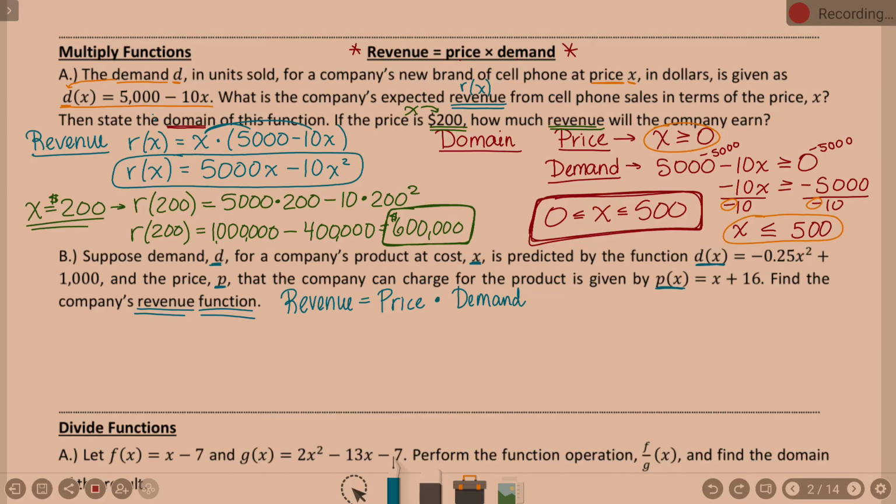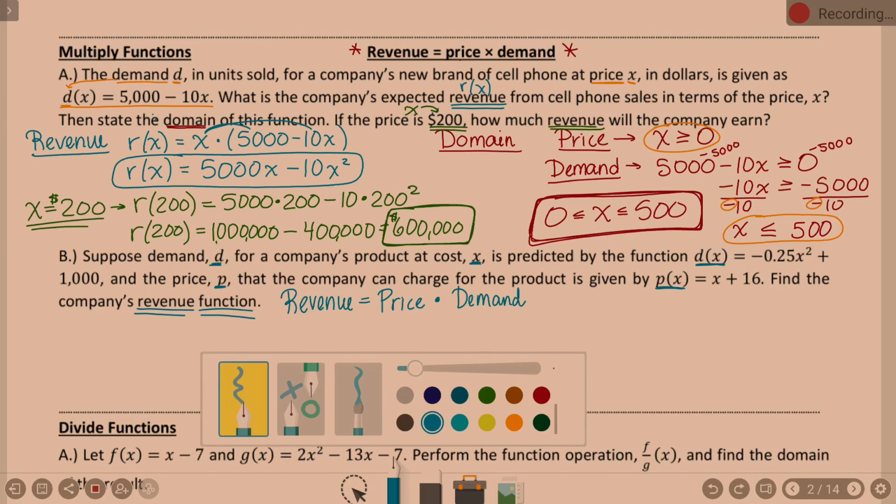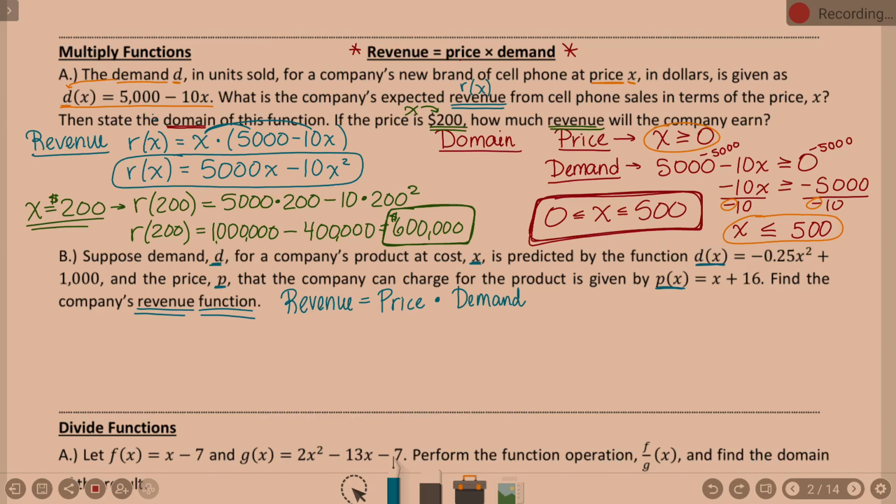Revenue is price times demand. So, for revenue again, I'm going to use R of X. Price. What's price? P of X, which is X plus 16.